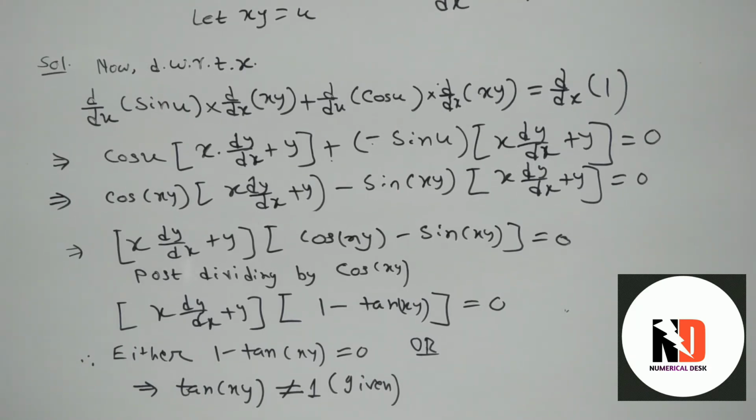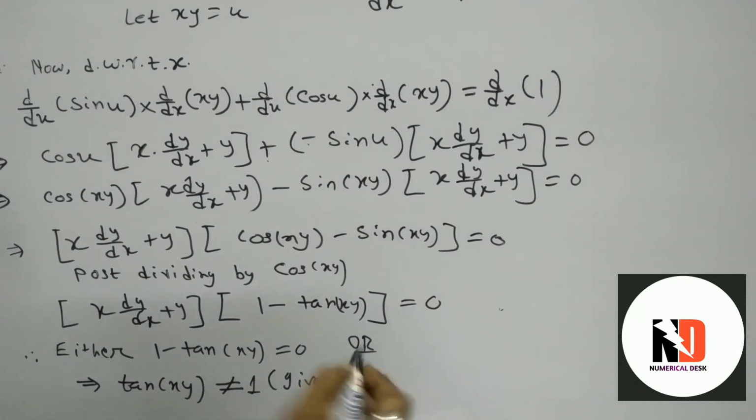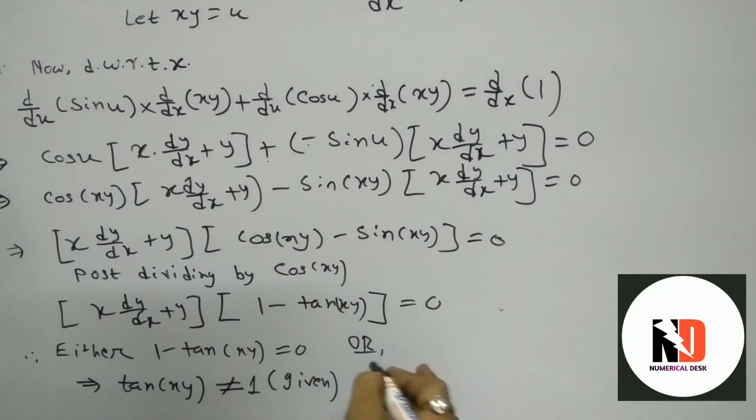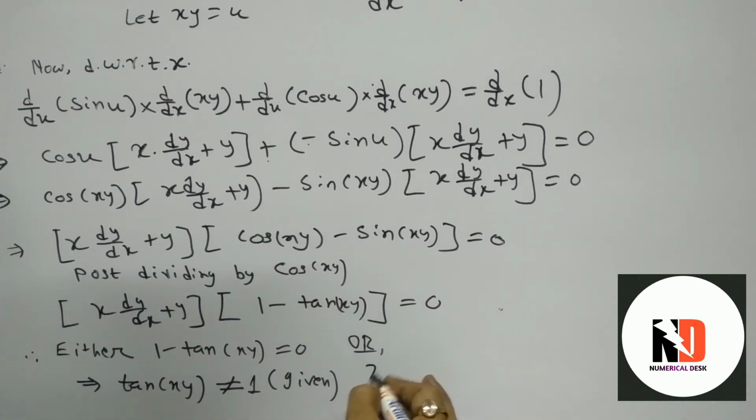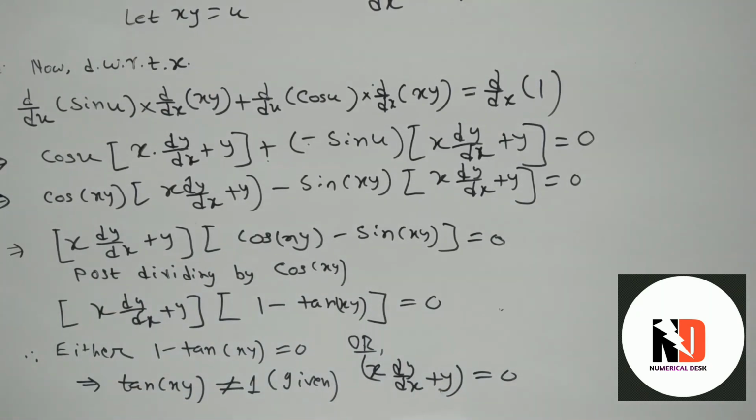Let's see what we are going to do. Now let us write x dy by dx plus y equals 0.